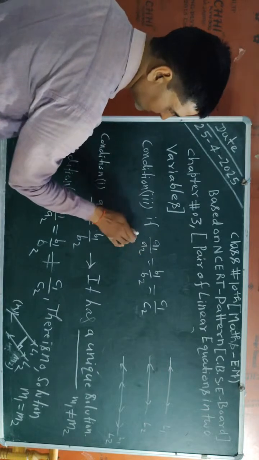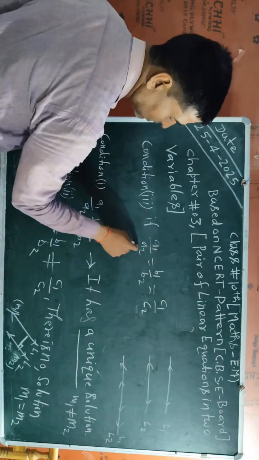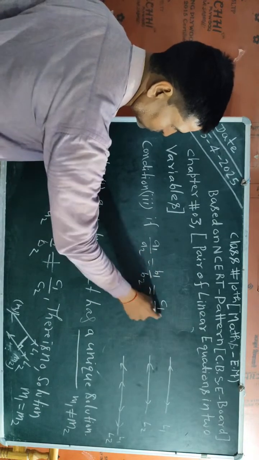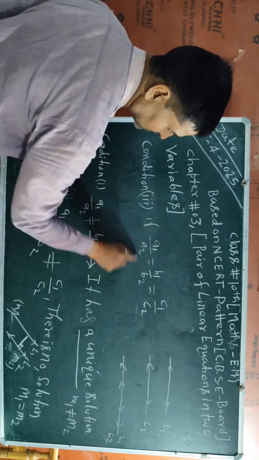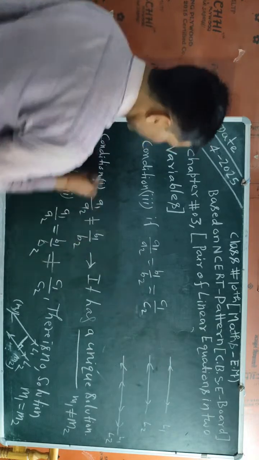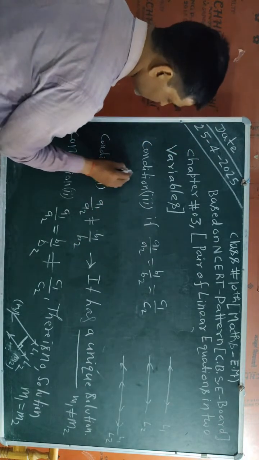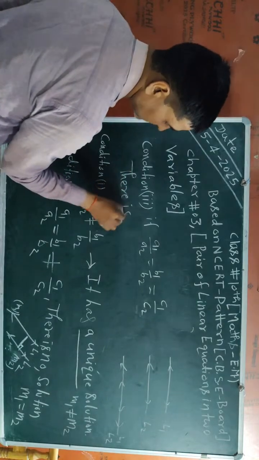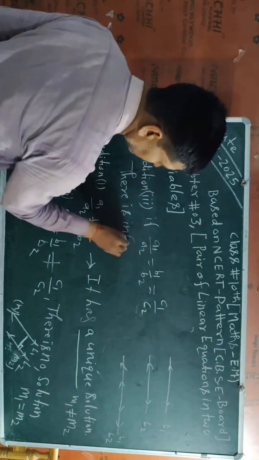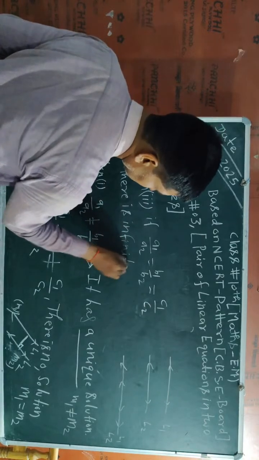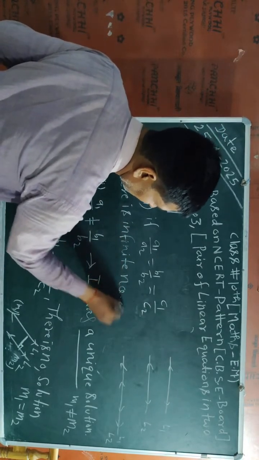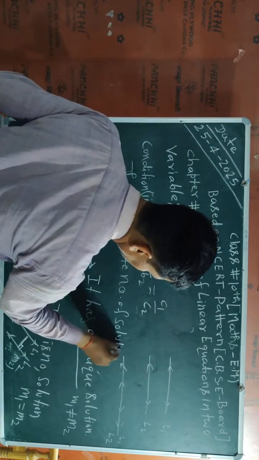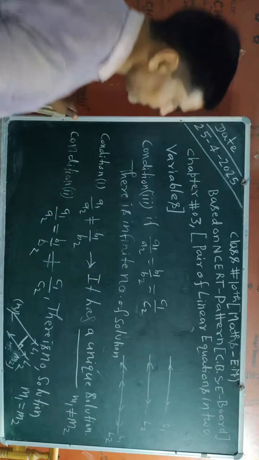In this condition, if A1 divided by A2 is equal to B1 divided by B2, which is equal to C1 divided by C2, if these conditions are available, I will say there is infinite number of solutions.